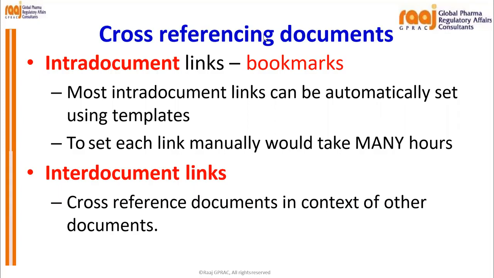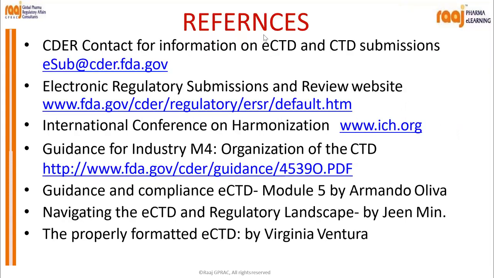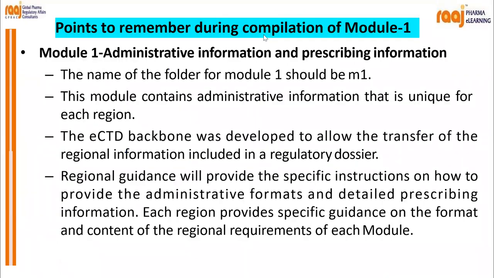This will be shown to you actually. Just try to understand the definitions first. All this information you will find under eCTD, Electronic Regulatory Submissions, on FDA.gov. There is guidance for ICH M4 and several other guidelines available.